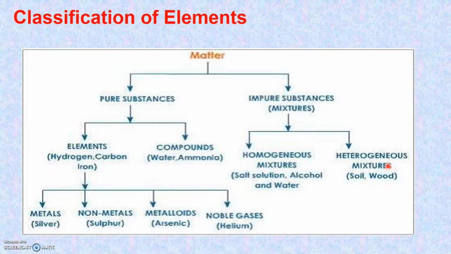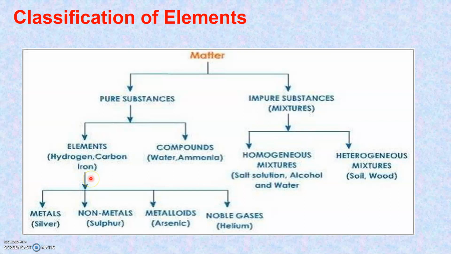Now, we have already seen the classification of matter. Matter is classified as pure substances and impure substances, wherein pure substances are classified as elements and compounds, and elements are further classified as metals, nonmetals, metalloids, and noble gases. Now we are going to see the classification of elements.